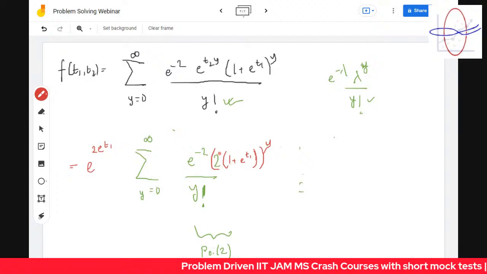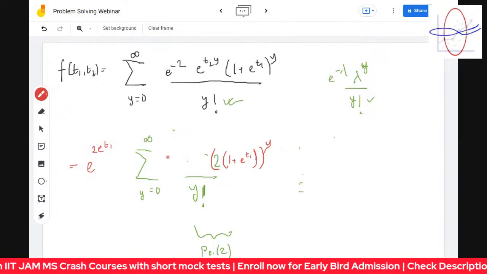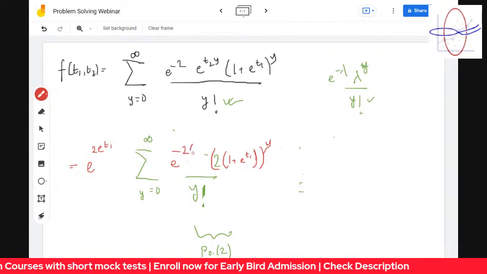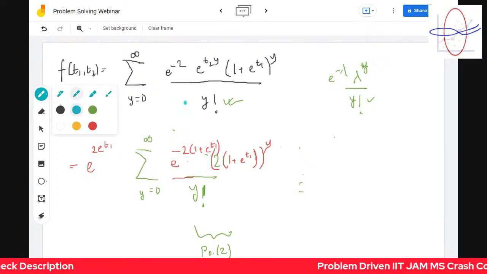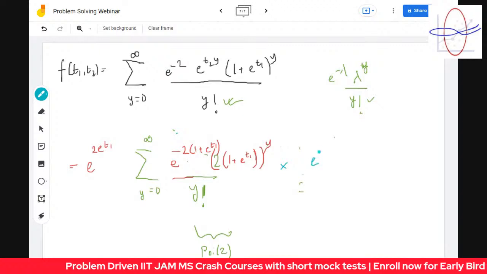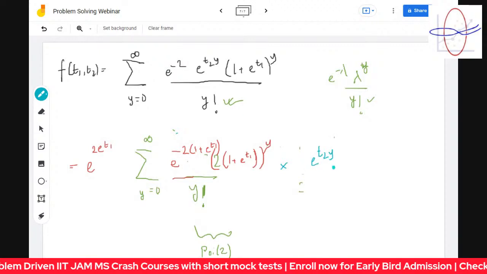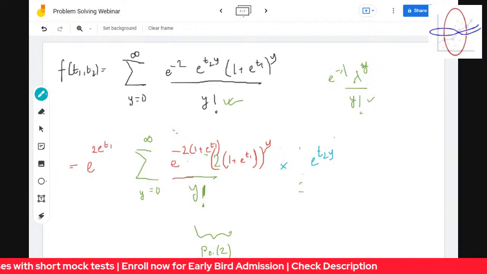Yeah, I'm adding minus 2, let's check. e to the power minus 2 plus e to the power t1 minus 2. Yeah, I'm adding this part. So you can see that it's correspondingly added and subtracted to get this. So the rest of the part is e to the power t2y. Superb. So it's done. Very good.